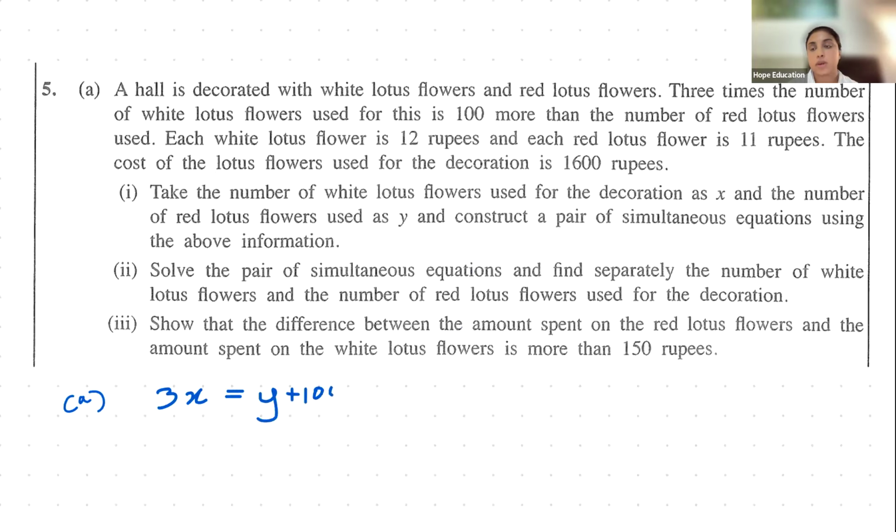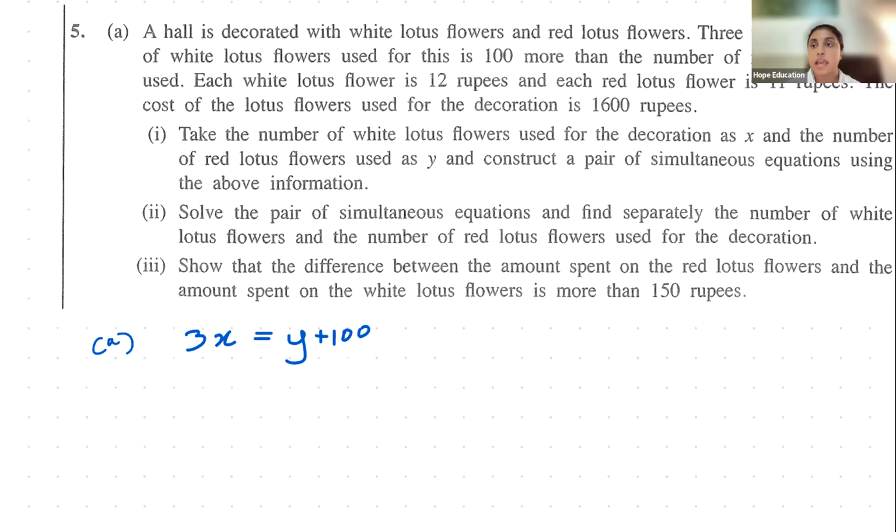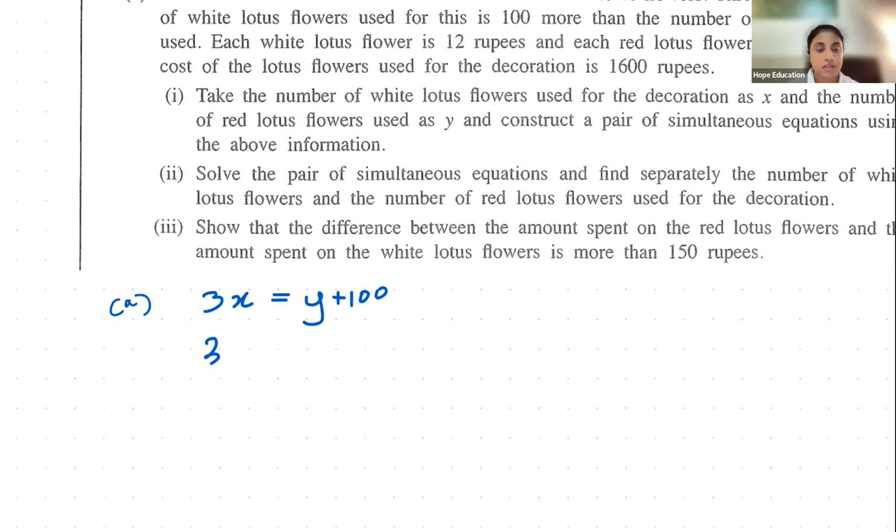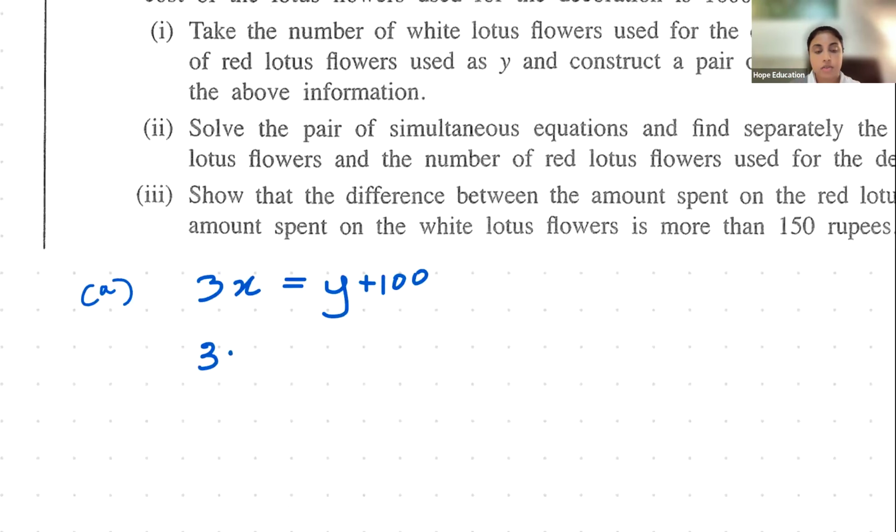So this is one of the equations, right? We can arrange this in the form of simultaneous equations where 3x, this y, when you bring it to this side, it becomes minus y equals 100. This is one of our equations.